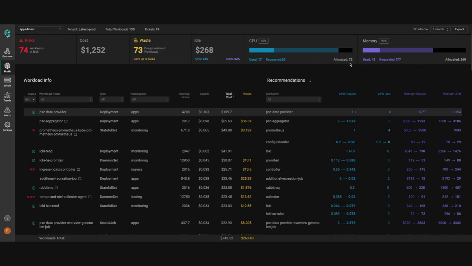So we end up paying for 72 cores and 160 gig of memory, while we need only 17 and 43. So our cluster is extremely over-provisioned. We have like 6 or 7 times more resources than we would need. The expectation in this situation is that we're spending a little bit more money, but at least the resilience would be fine, right?